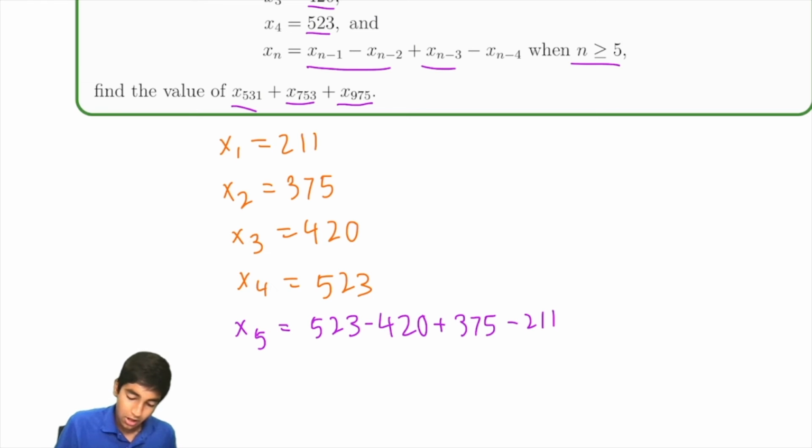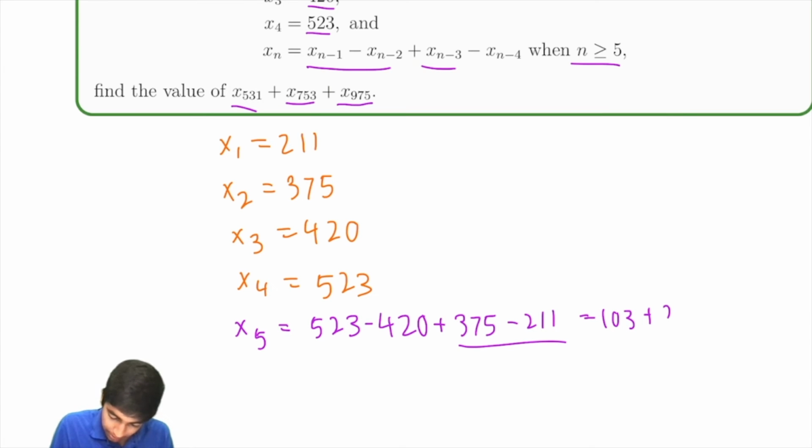What is this? Well, 523 minus 420 is 103, plus this over here is 478 minus 211, which is 264.